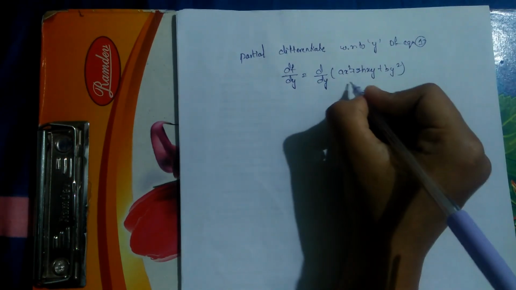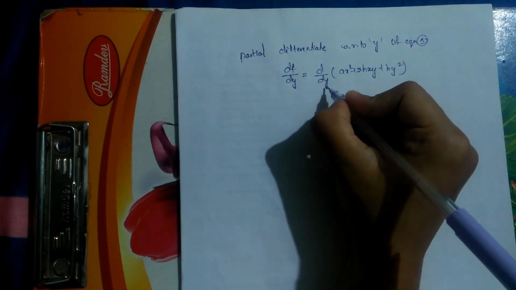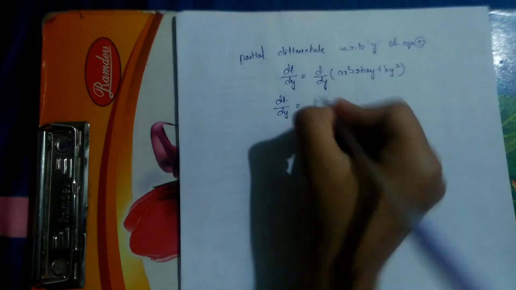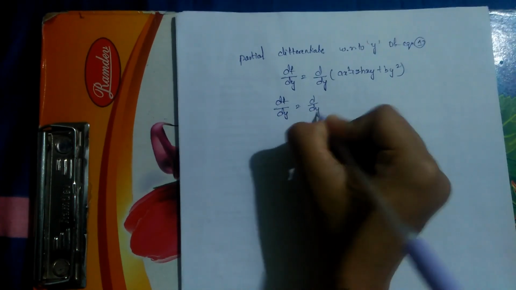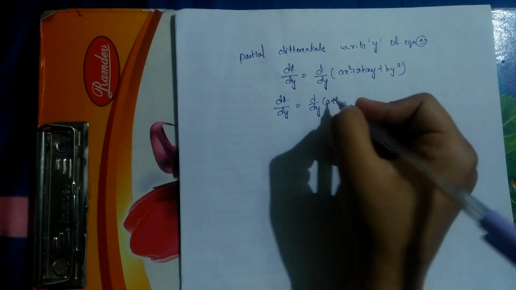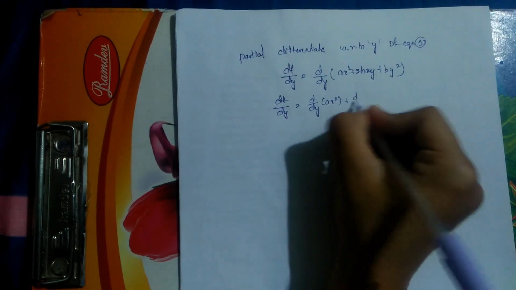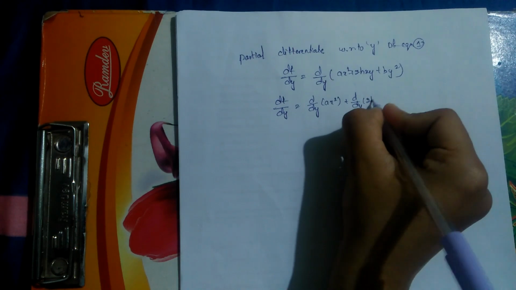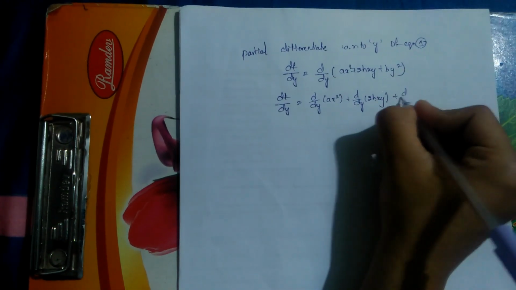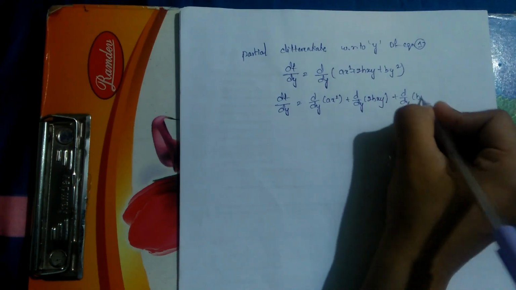Now this function is differentiated with respect to y. So for more clarity, write dou by dou y of ax square plus dou by dou y of 2hxy plus dou by dou y of by square.